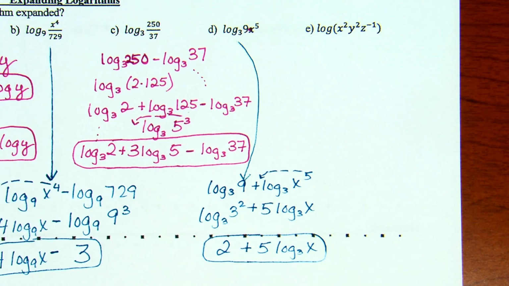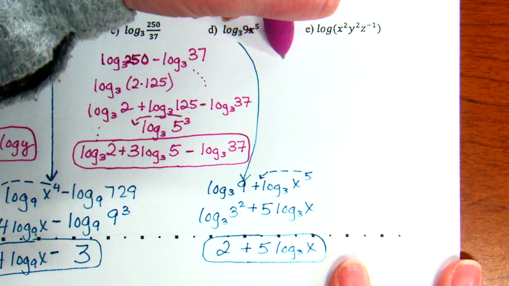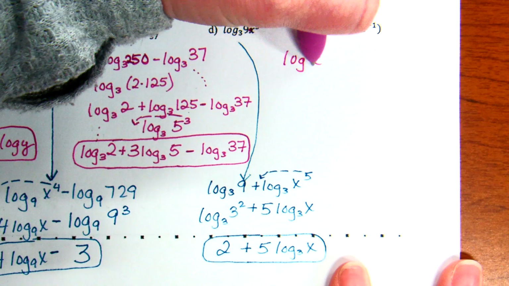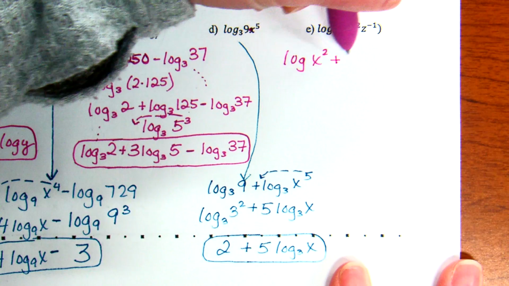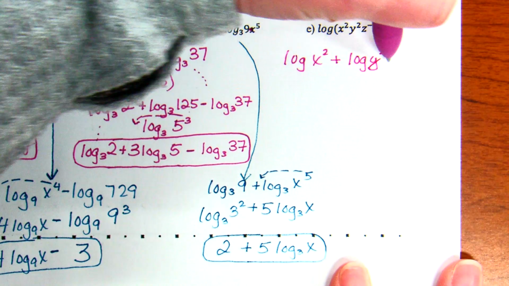So log of x squared plus log of y squared plus log of z to the negative first. Okay, now what? Now we have to move these.